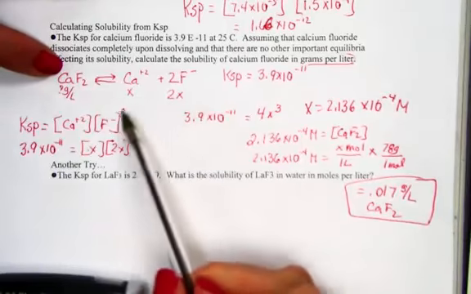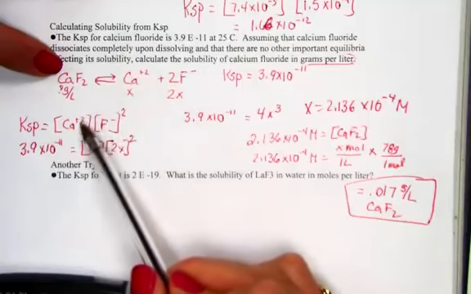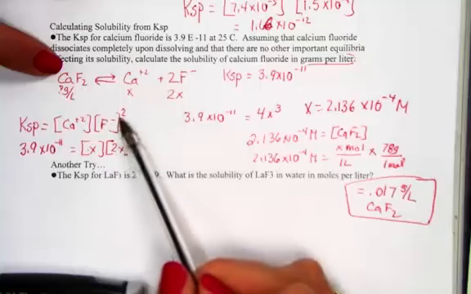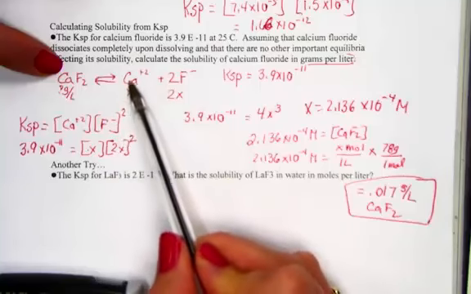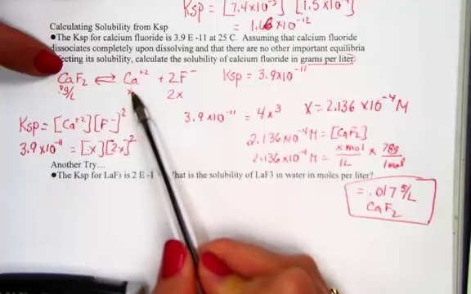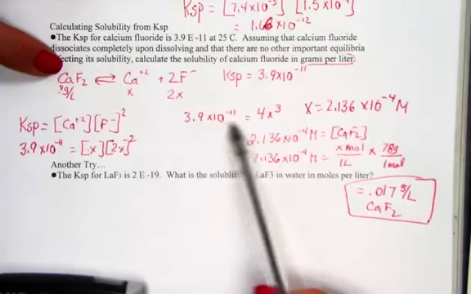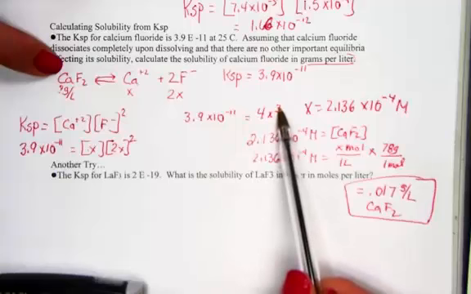Revisiting the journey, we set up our equilibrium constant expression as being the calcium ion times the fluoride ion squared. I like to select the value for x, the ion that has just 1. So x became calcium, 2x became fluorine, and we squared. Our KSP then was equal to 4x cubed.